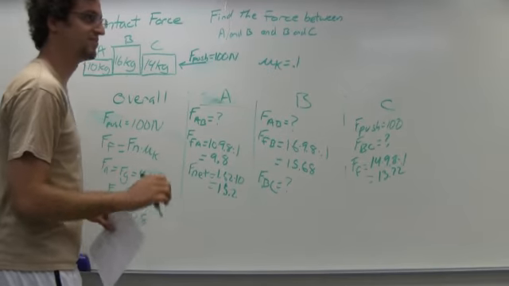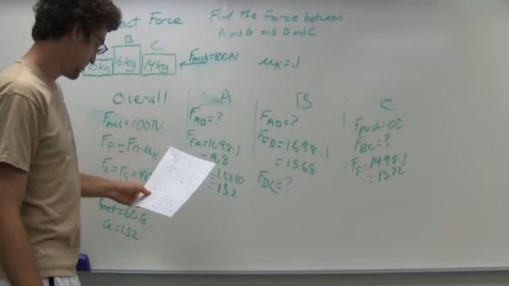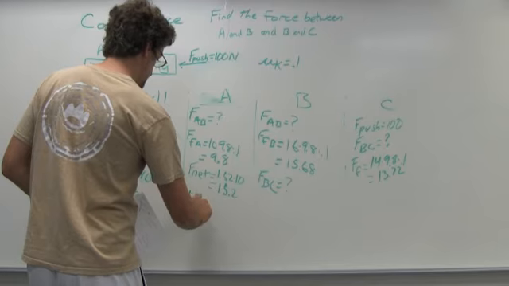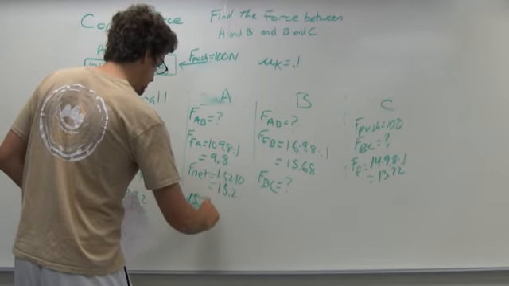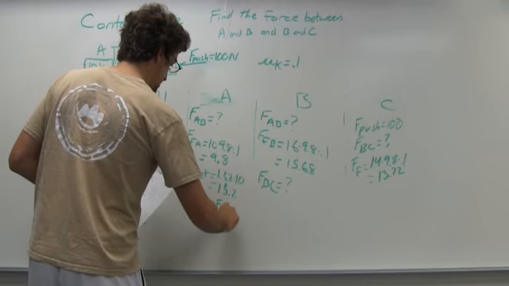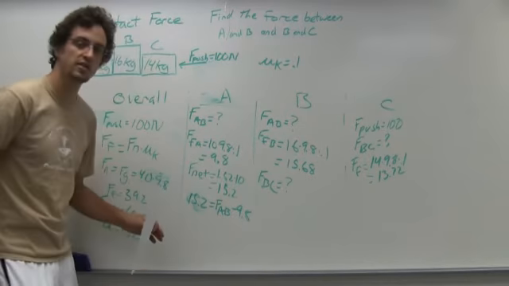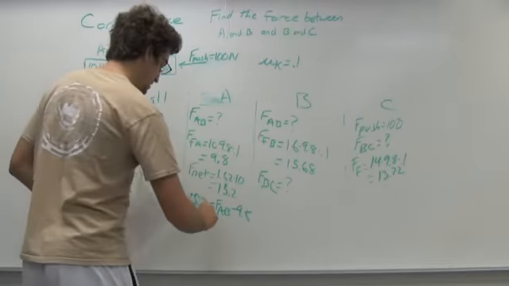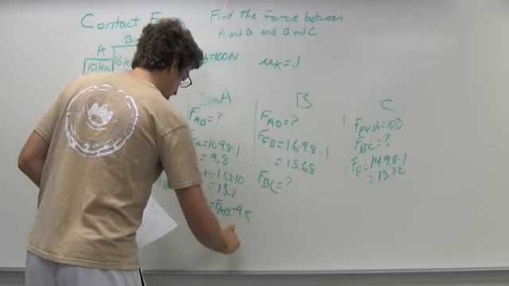So 15.2 is equal to force of A on B minus 9.8. And it's minus there because the force of friction is, of course, opposing motion. We get that the force of A on B equals 25.